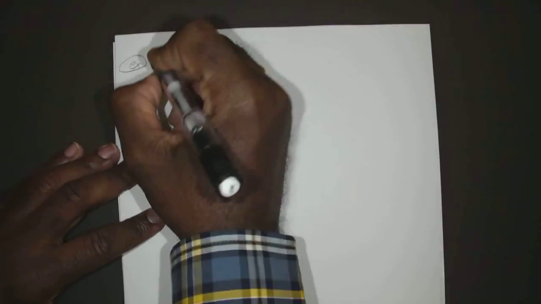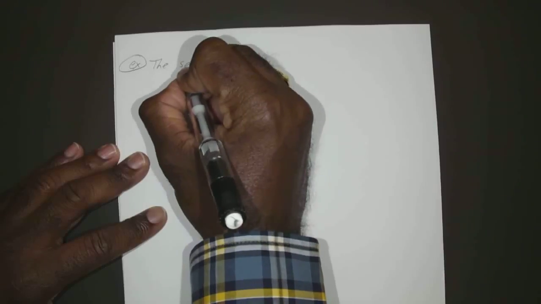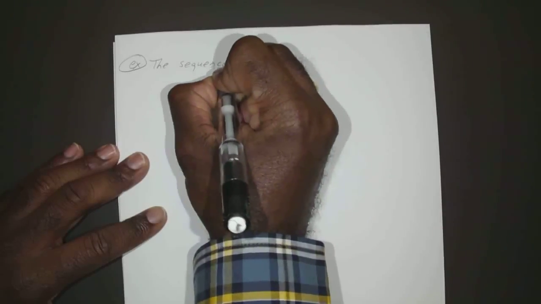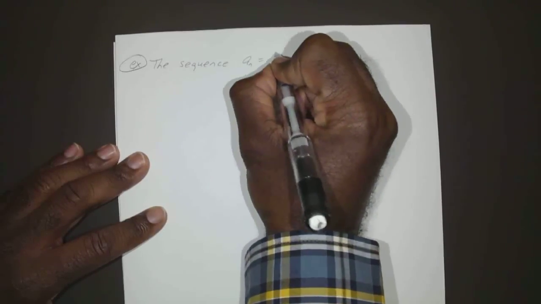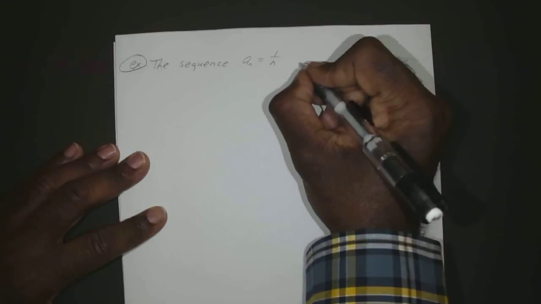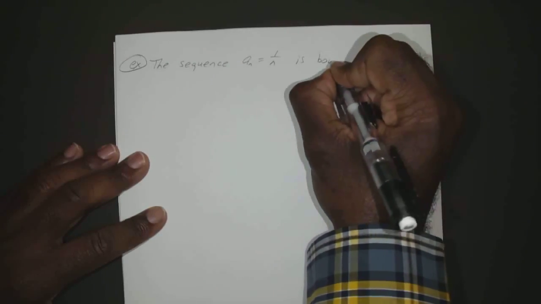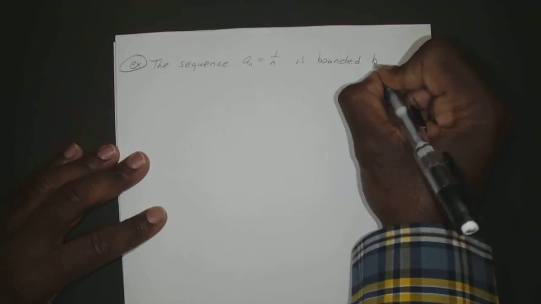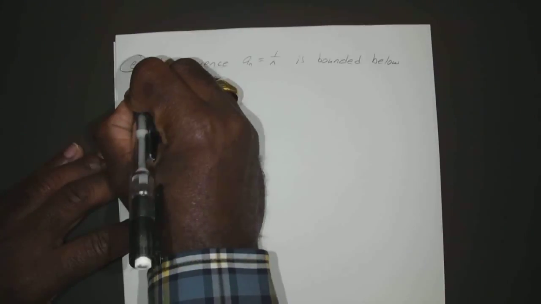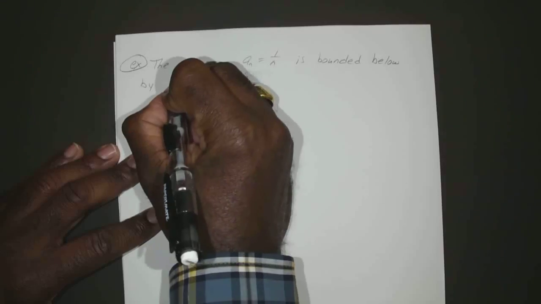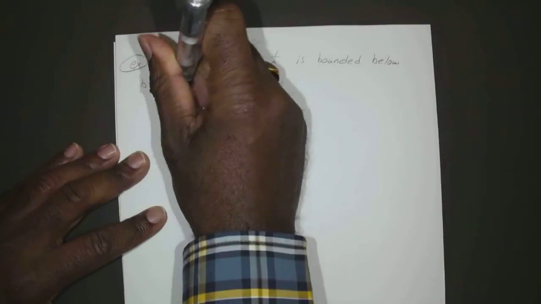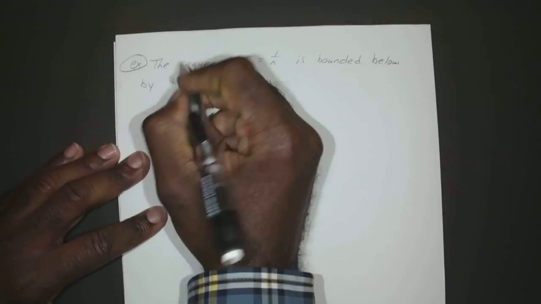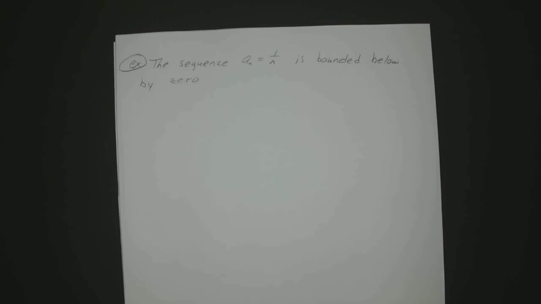So for example, let's say the sequence a sub n equals 1 over n is bounded below by 0. Okay. So really that's just its lower limit. So you have its lower limit, which is bounded below, or you can have an upper limit, which is bounded above.